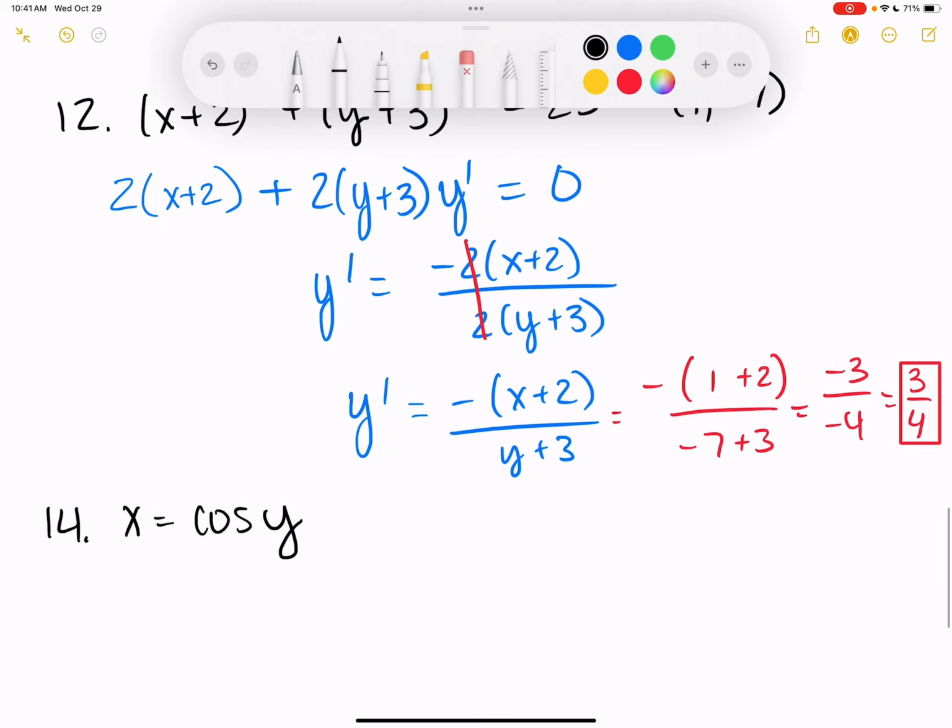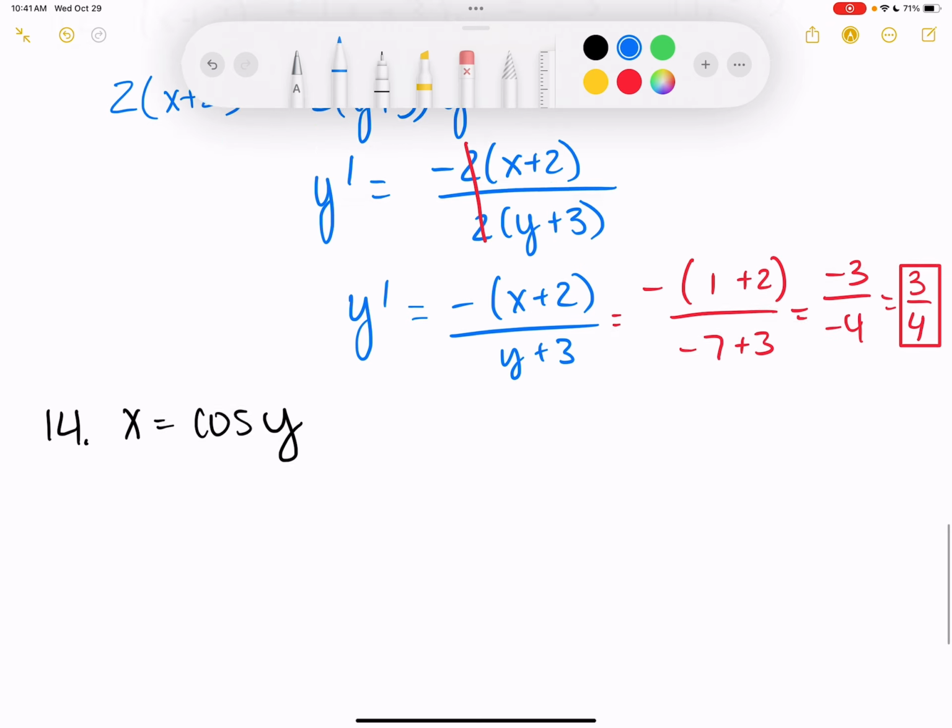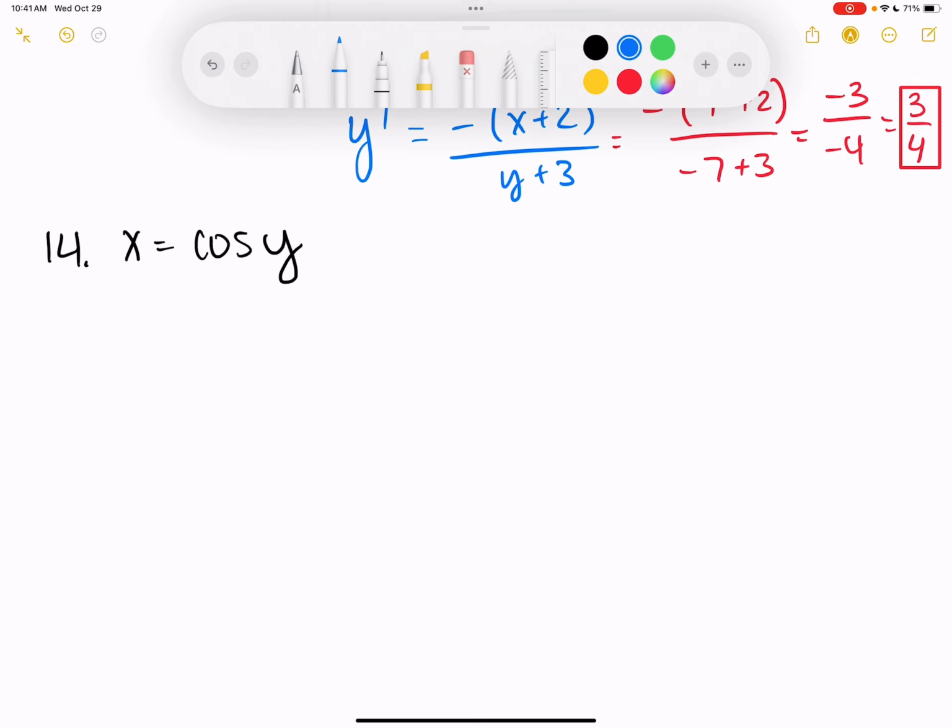So what would the derivative of this be? 1 equals negative sine y times y prime.